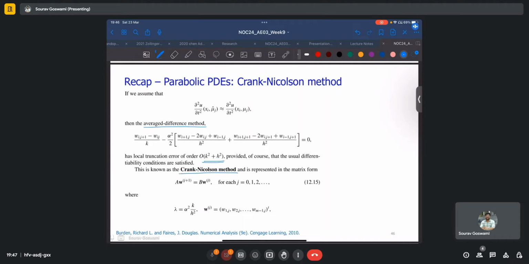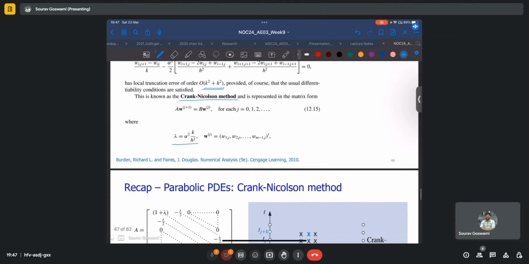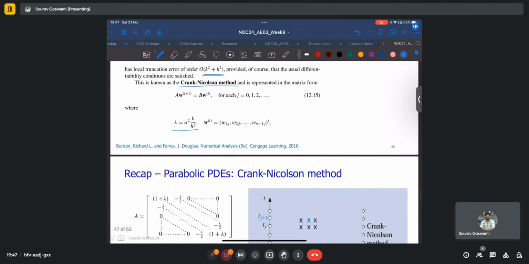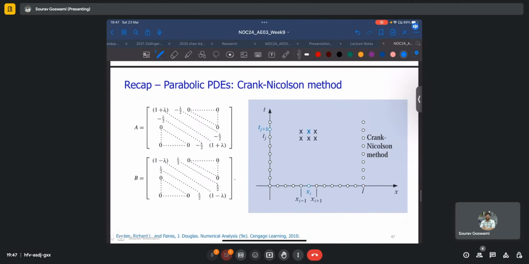And in matrix form, it is represented as matrix A times W(j plus 1) equal to matrix B times Wj, where the quantity lambda is defined as alpha square k by h square. Wj has the elements W1j, W2j, to W(m minus 1)j at the jth time step, and the matrices A and B are defined here.